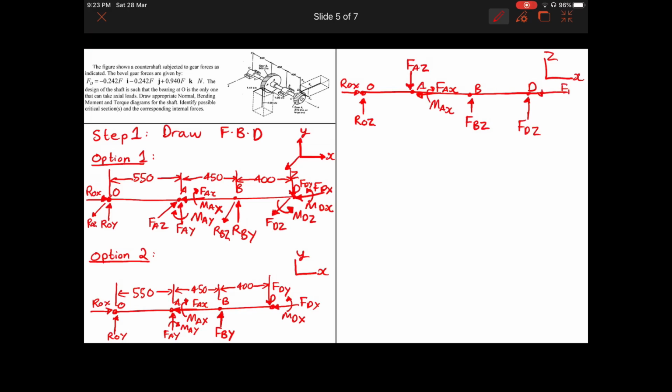And this is negative, FDX. And again, we have the moment MDX, and we have the moment counterclockwise as well. You can mention it as MDZ. Okay, and the distance 550, 450, and 400.